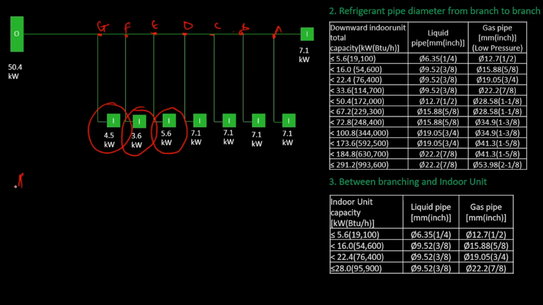So we say at branch E, F, and G, indoor units capacity is less than or equal to 5.6 kilowatts.